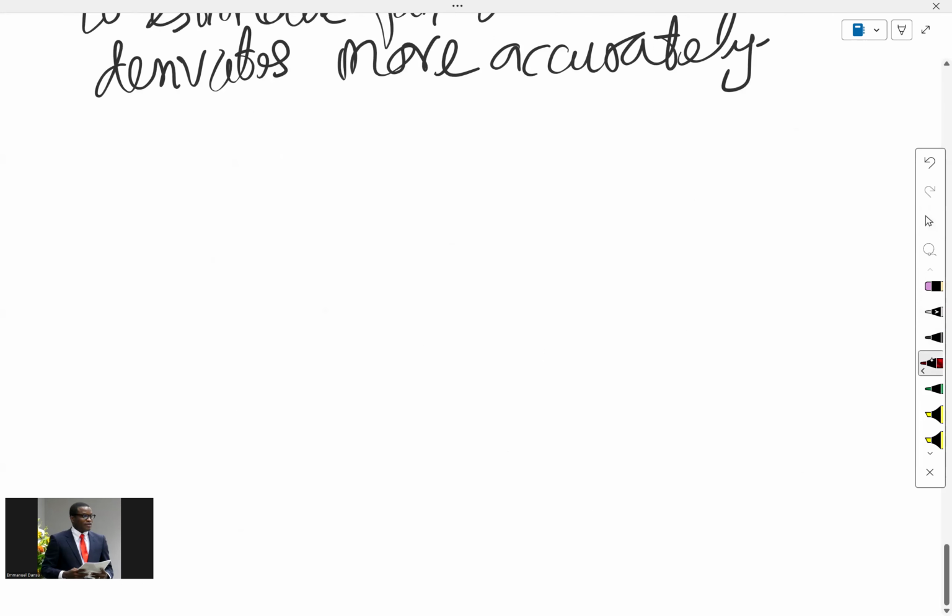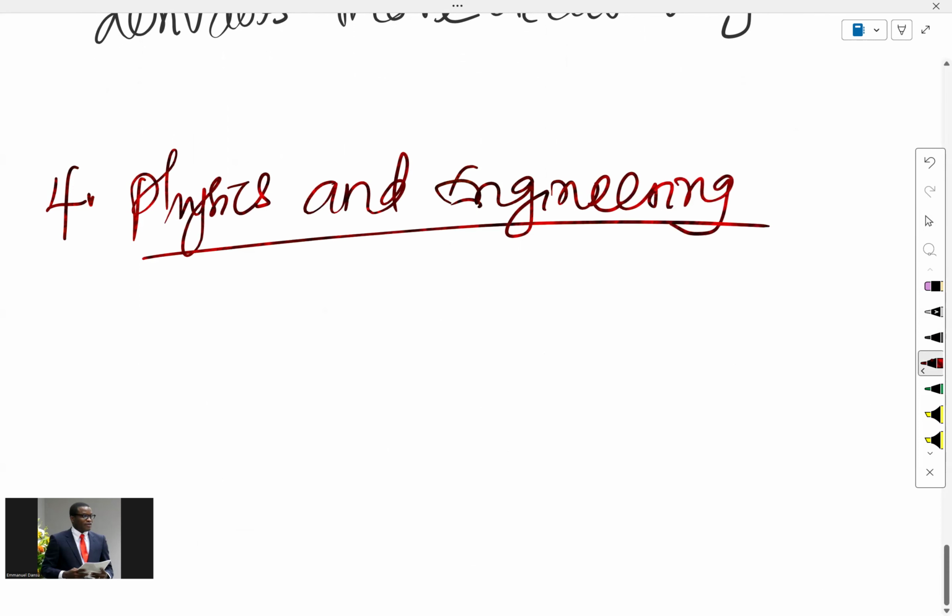Then we go for the fourth application. Really very important applications. Look at physics and engineering. So power series can come in handy in physics and engineering.